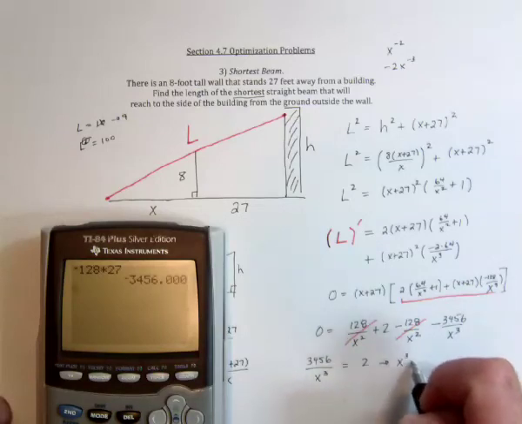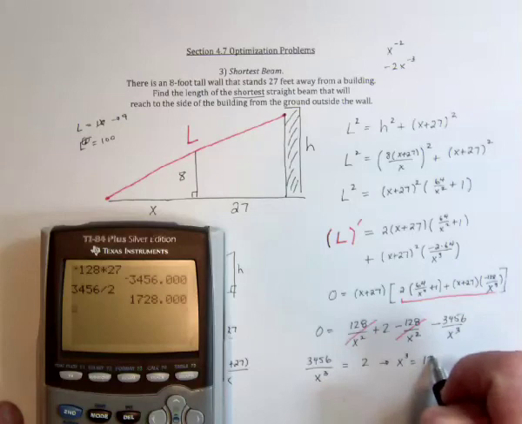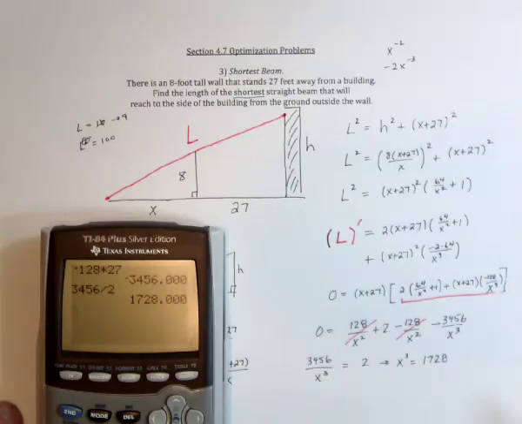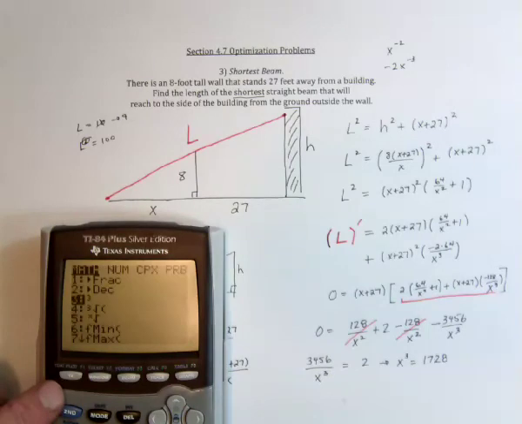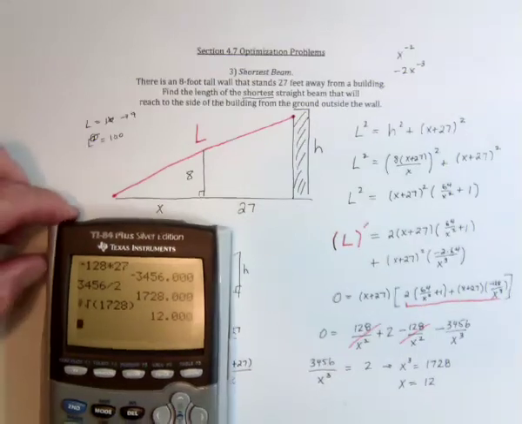So x cubed is equal to 3456 divided by 2, 1728. All right, now just take the cube root. The cube root of 1728. Wow. Turns out to just be a 12. So x is equal to 12.